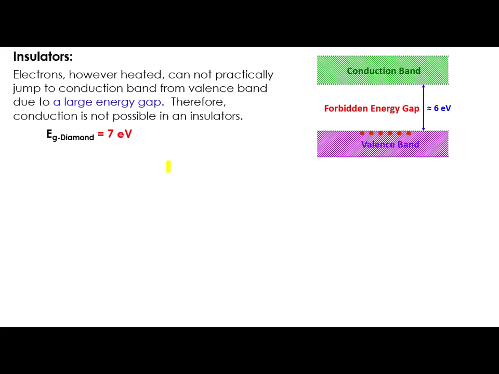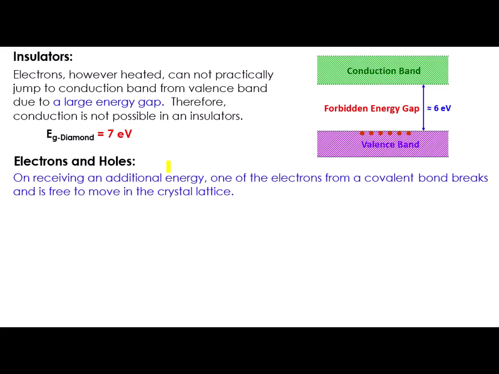From now onward, we are not going to discuss conductors and insulators in detail, since this is semiconductor electronics; we are going to discuss semiconductors in detail in the coming video lectures. For that, it is wise to have a recap of the concept of electrons and holes.